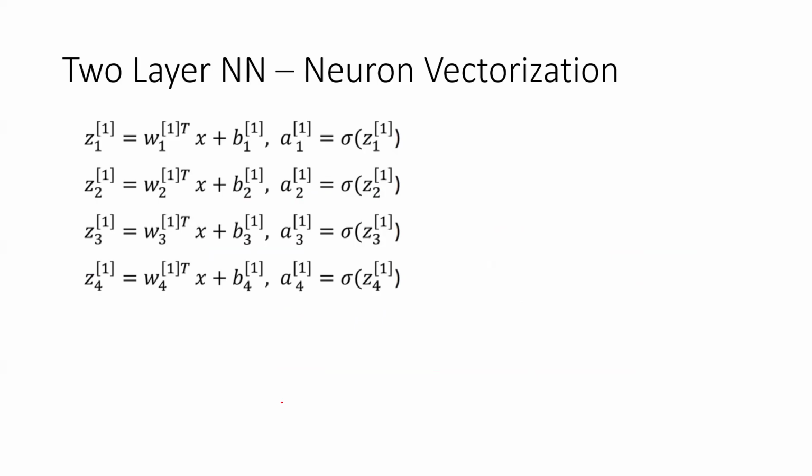So what does it mean by neuron vectorization? In this case, we find that we have 4 equations for each of these neurons in the first layer, right? We are just limiting ourselves to the first layer neurons. So we have 4 neurons in the first layer, and because of that, we have four lines. Actually, in each line there are 2 equations, right?